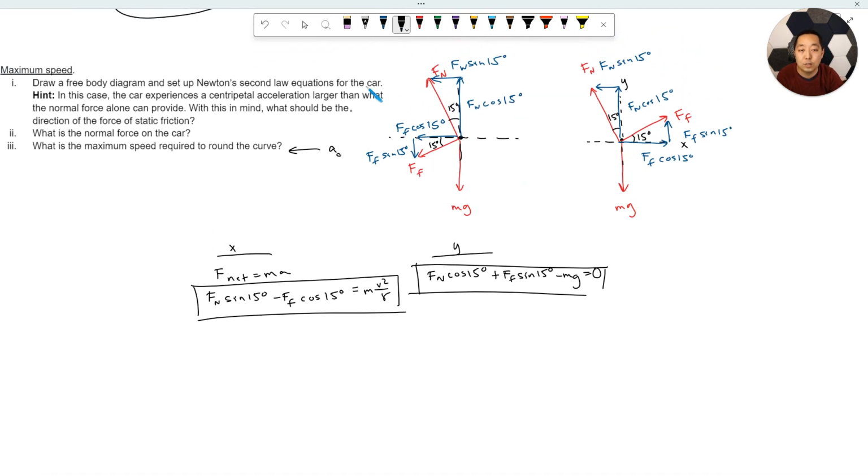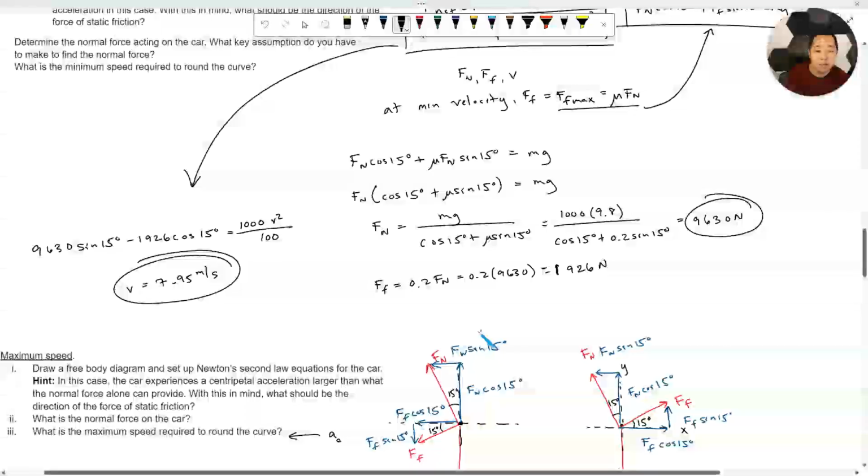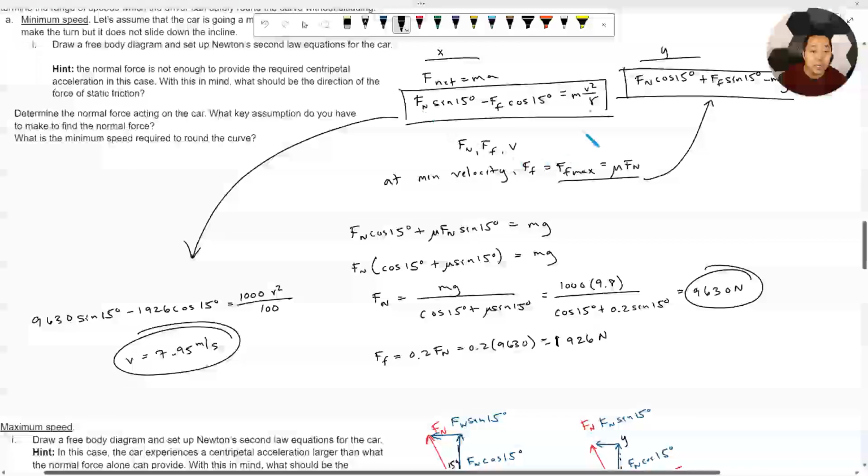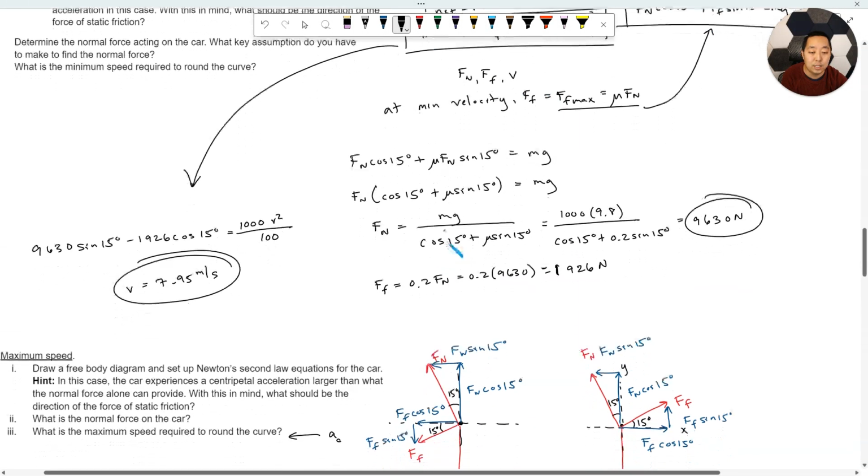So instead of this being minus, you can make that plus, and instead of this being plus, you can make that minus. And again, our frictional force should equal the maximum static frictional force, which is mu Fn. And so you can even see how we solved this thing over here? You can actually just take this equation and put a minus sign here. Because basically, instead of plus, it's a minus here.